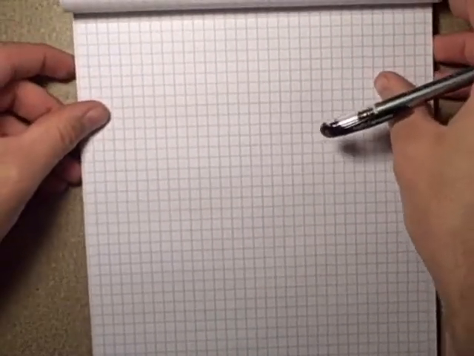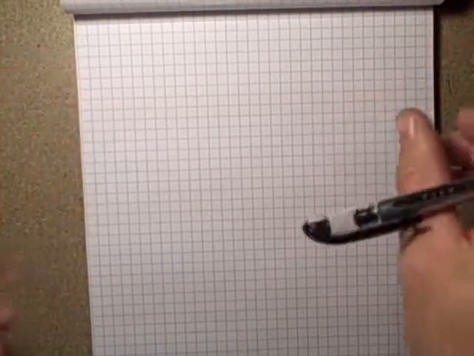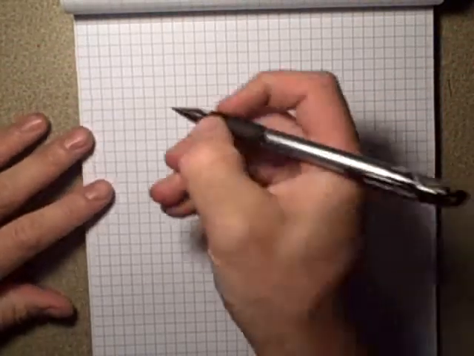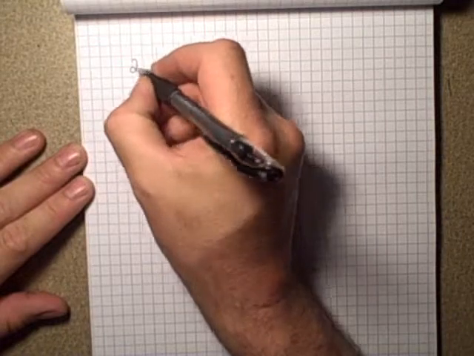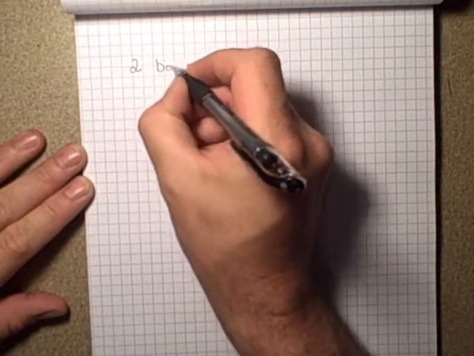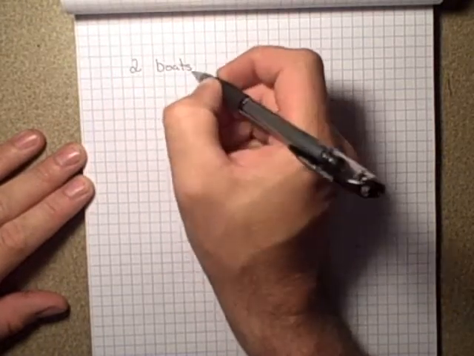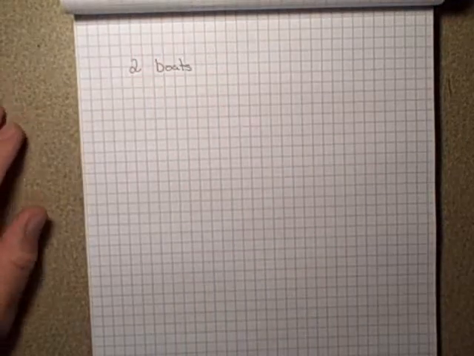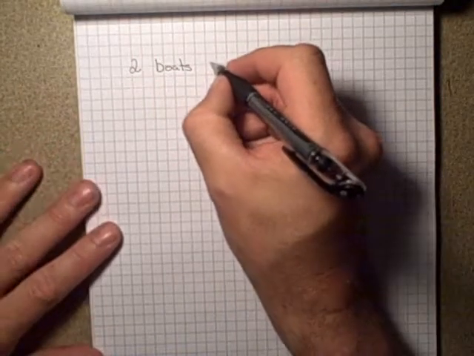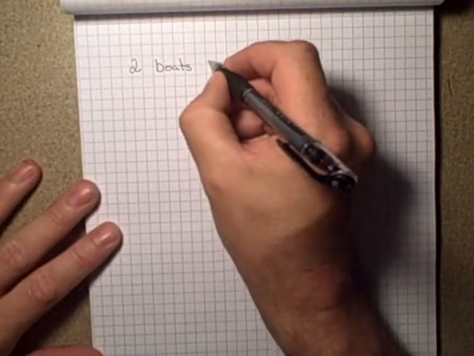And then I'm going to give you the problem, and we're going to use an example that goes something like this. Two boats are traveling towards each other.